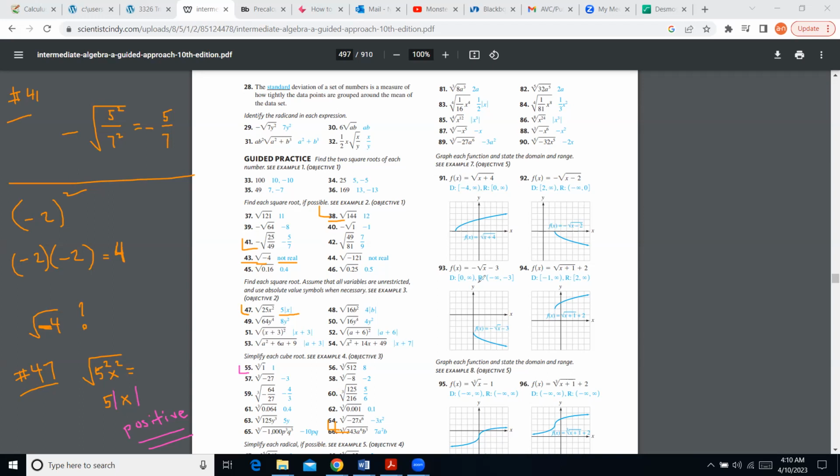So similarly to square root, you can extract other roots, such as a cube root. In exercise number 55, let me write it nicer, 55, they extract a cube root from number 1. So the cube root of 1 has to be 1, because 1 to the power of 3, which is 1 times another 1 times another 1, will be equal to number 1.